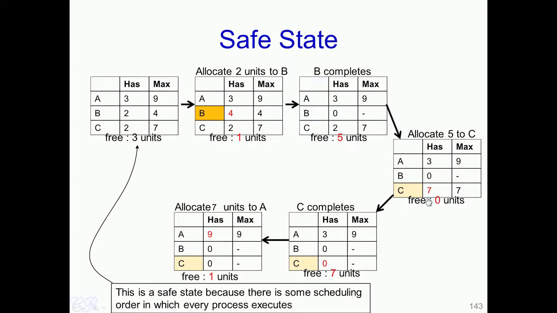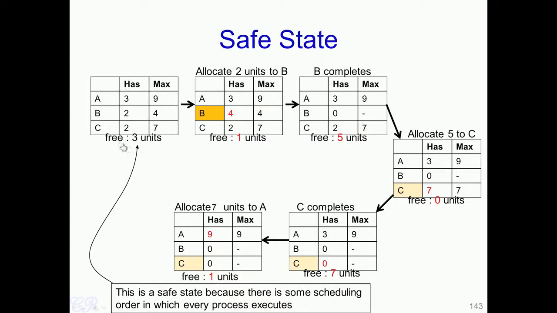Now, after C completes, all the 7 units of C get returned to the free store. Now, the banker could allocate the maximum resources required by A, that is 7 more units, to get its maximum credit limit of 9 units. So, we have 9 credit units allocated to A and 1 unit which is free.